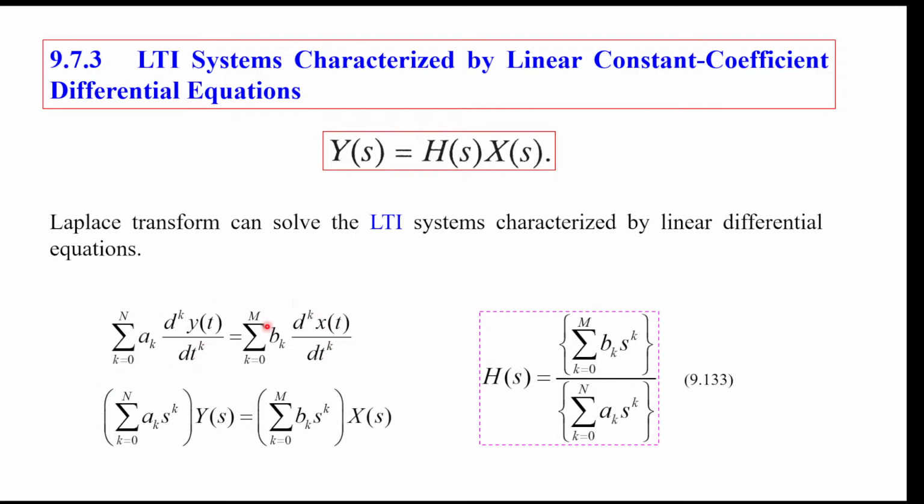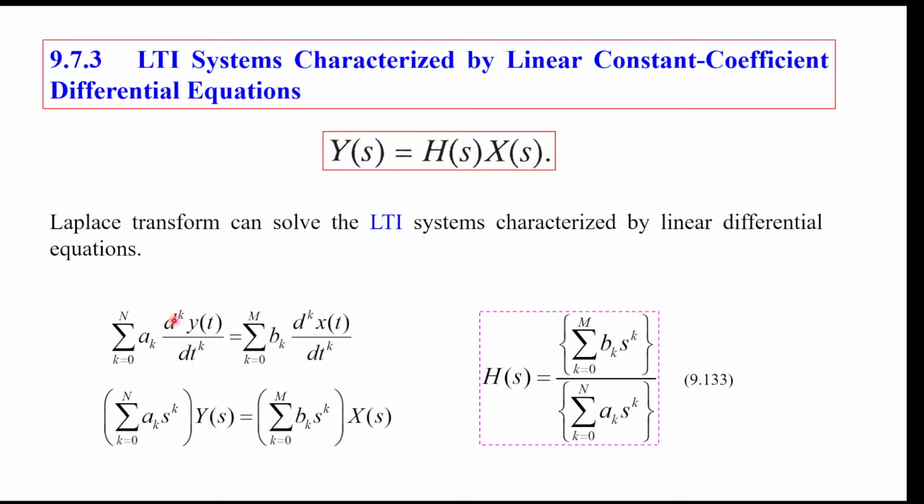Then we can do the Laplace transform on both sides, and just like in the Fourier transform case, this will factor nicely into something times big Y equals something times big X. Okay, so we just use the linearity and the differentiation property of the Laplace transform to get the second equation.